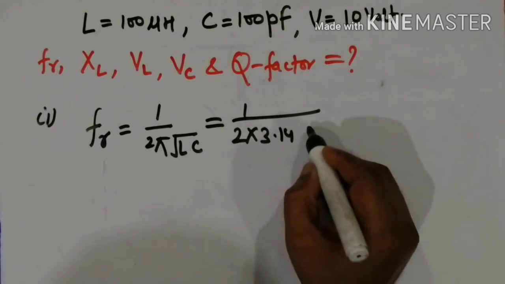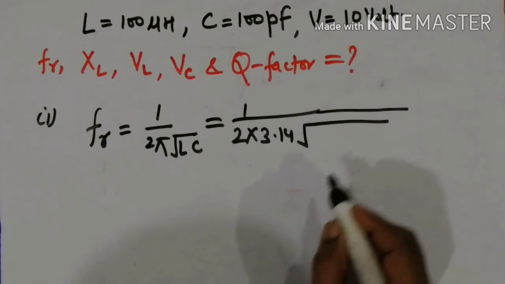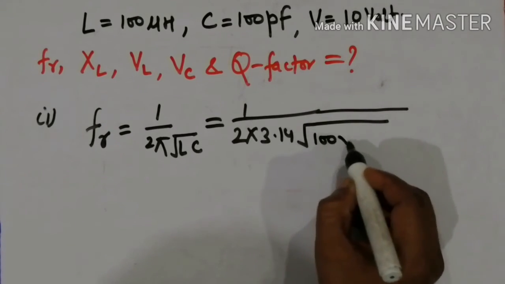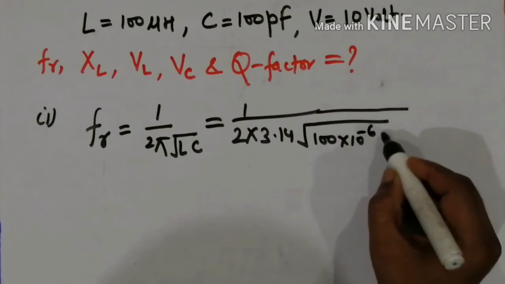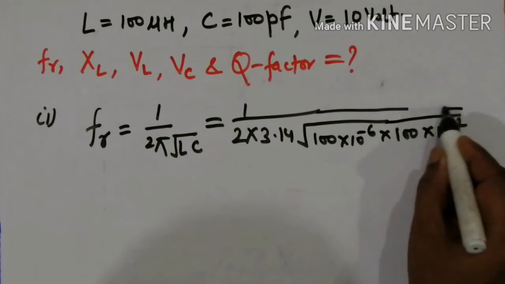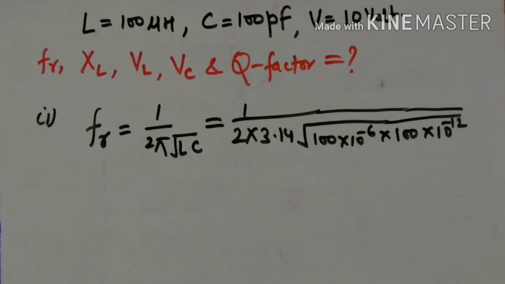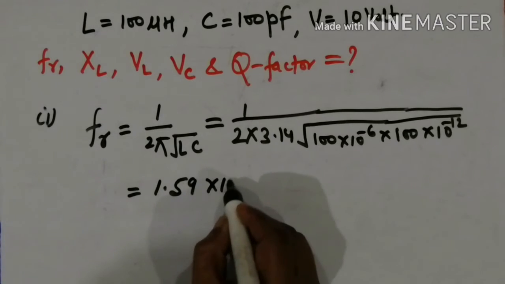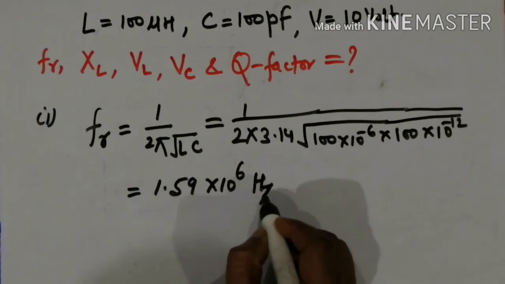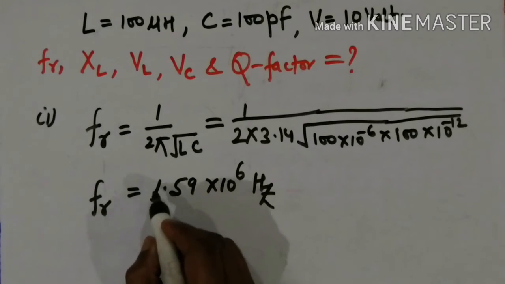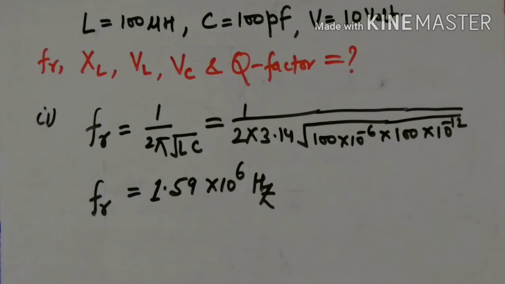That is 1 upon 3.14 into under root L 100 into 10 to the power minus 6 into 100 into 10 to the power minus 12. Right? After the solution, it is 1.59 into 10 to the power 6 hertz. It is known as resonance frequency for this particular circuit.